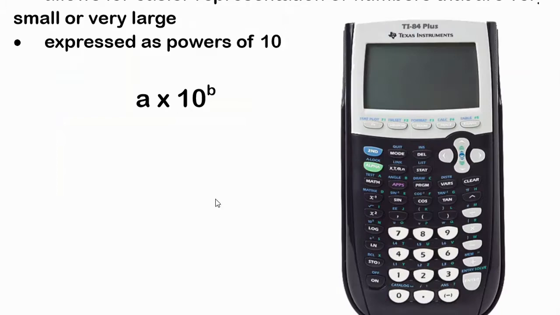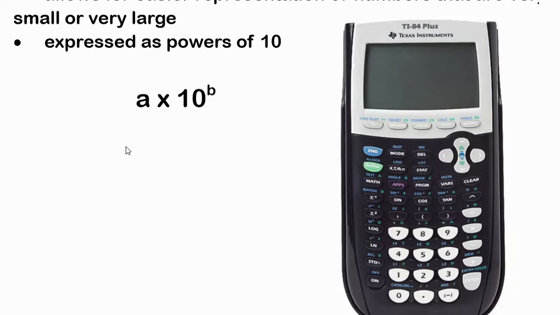Alright, so an easy way to get around sig figs is to use scientific notation. Scientific notation is this format: a times 10 to some exponent. And I know sometimes students hate these because they forget the rules, but we're going to review these. Scientific notation just makes it easier to write numbers that are really big or really small. And that's what we're doing by using this power of 10.